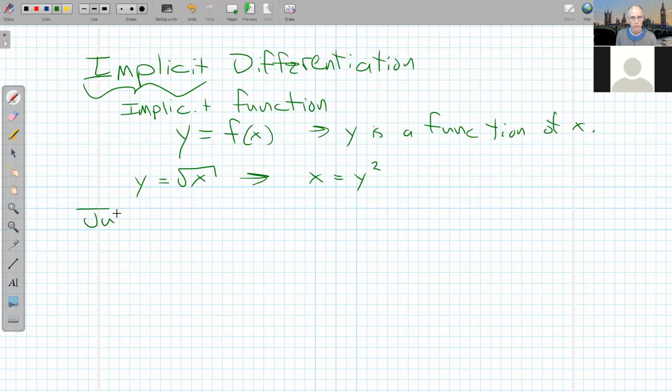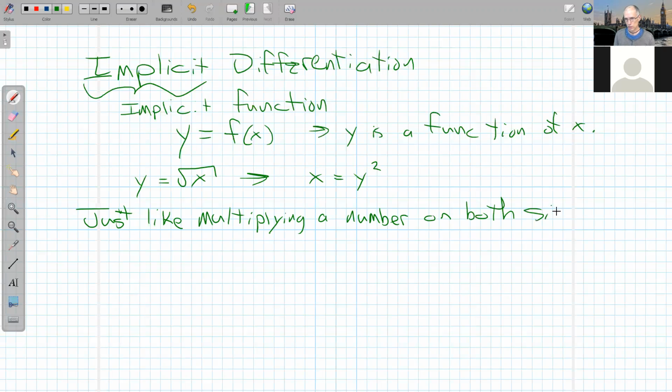So, just like multiplying by a number on both sides, or taking the square root of both sides of an equation, we can also differentiate.